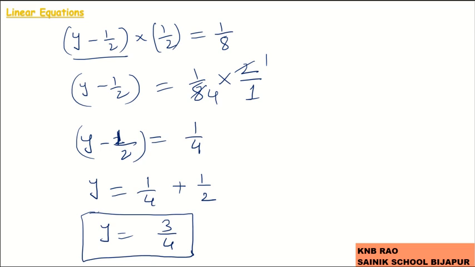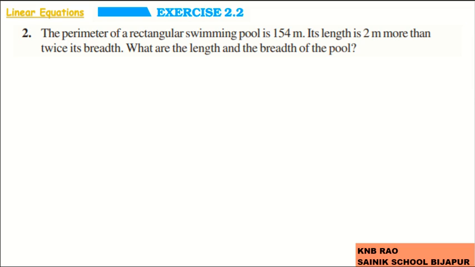Now, coming to the next question, question number 2. The perimeter of a rectangular swimming pool is 154 meter. So, we have a rectangle wherein the length is 2 meter more than twice its breadth.